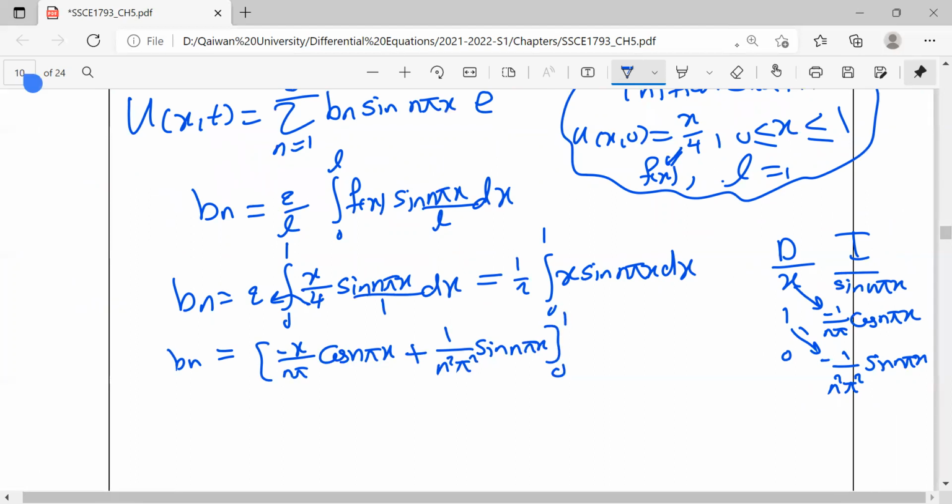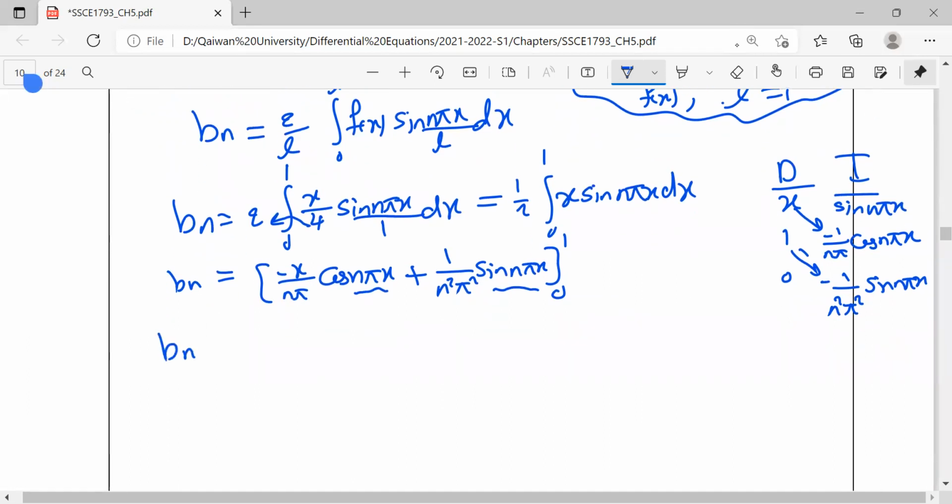If you replace x by 1, here we get cosine n pi and here we get 0. Sine n pi is 0. We get Bn equals, this becomes 1 because there's x. If you replace it by 1, you get minus 1 over n pi times cosine n pi plus 0.